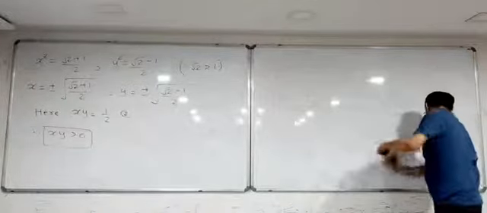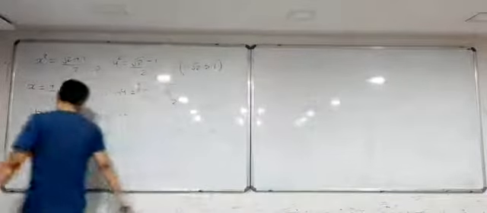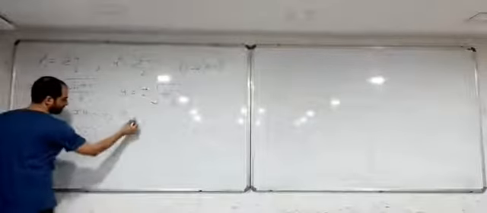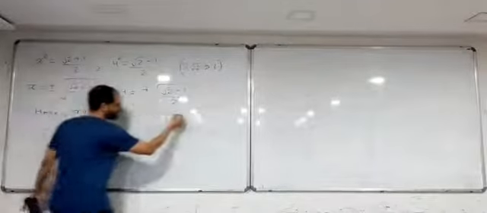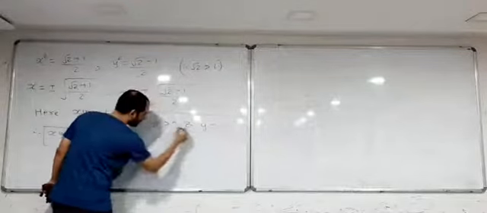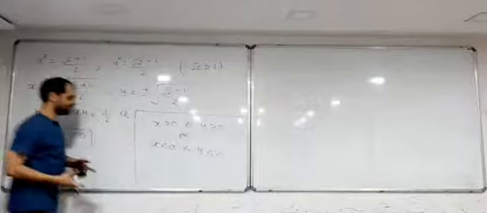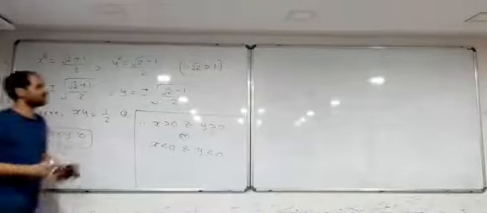And second case: so I write xy is greater than 0. Therefore, these two cases will come. x is positive and y is greater than 0, or x is negative and y is negative. Okay? Remember.